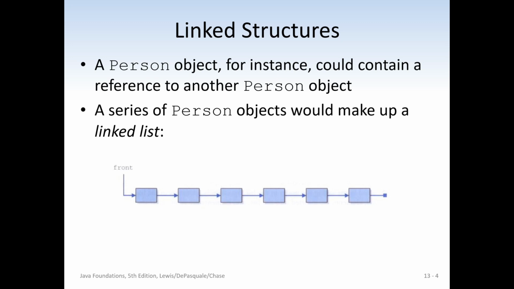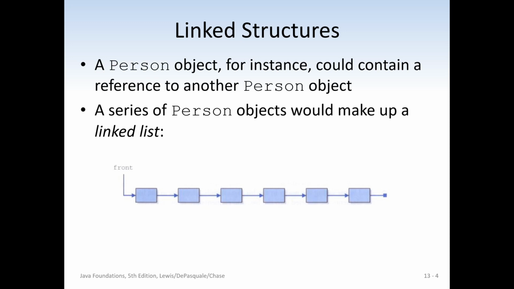So I could build my class person, and inside of my person class, I could put a reference to another person object. And that person object, of course, would also have a reference to another person object, provided that you set it and it wasn't null. But you could build a chain of these things, a series of these objects that would make what we call a linked list.